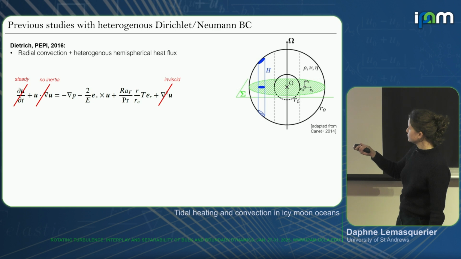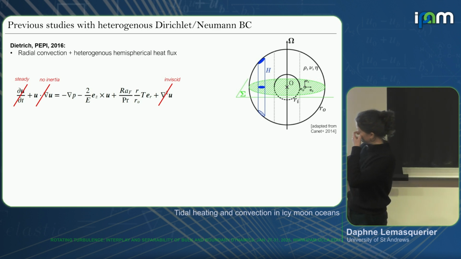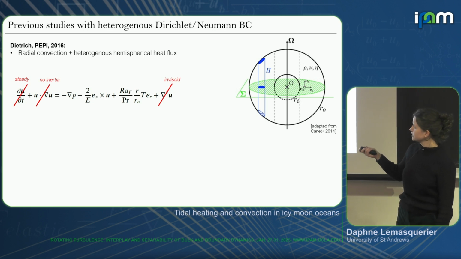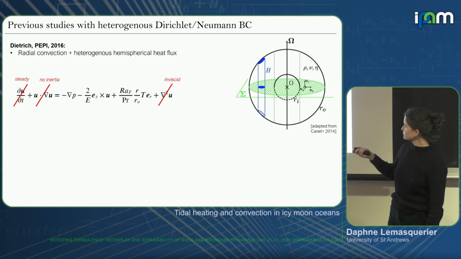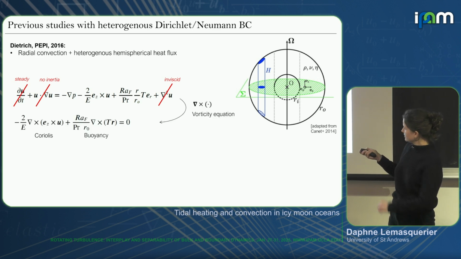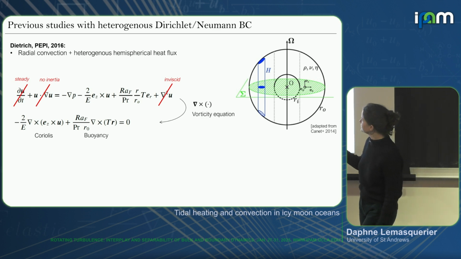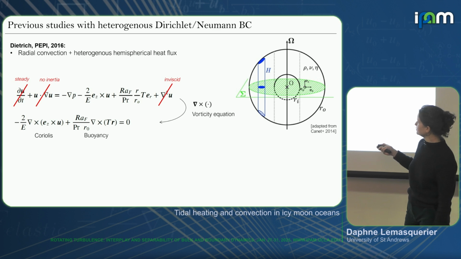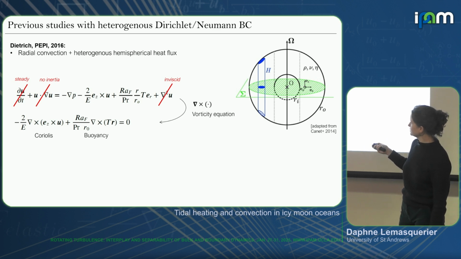To show this, you can start from the Navier-Stokes equation, and we're going to seek a solution in the limit where the flow is assumed to be steady. We're going to be in the linear limit, so we neglect inertia, and we also neglect viscous effects. We're going to take the curl of this equation, so this gives you the vorticity equation, where we only have two parameters left, the Coriolis one and the buoyancy one.